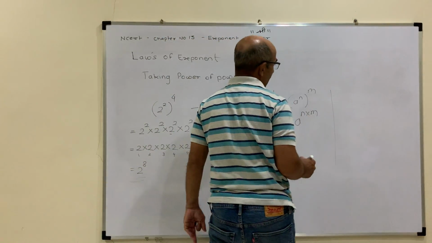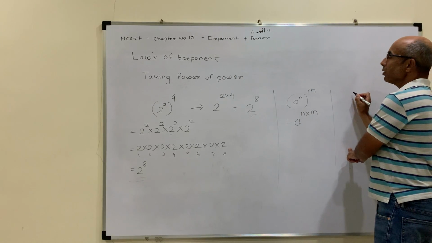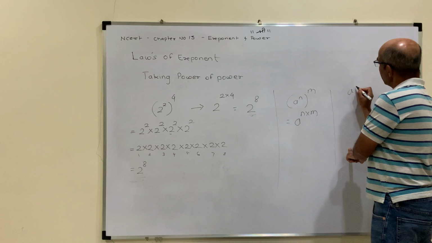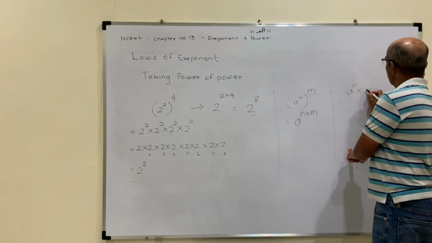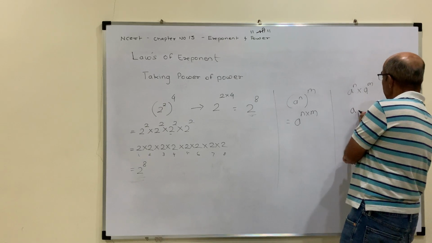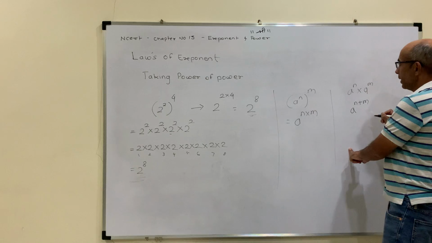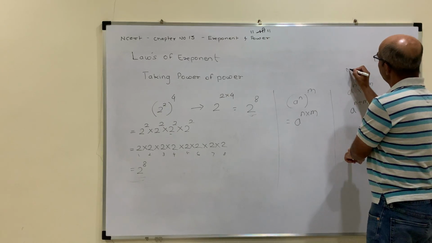I am summarizing the laws of exponent. When we multiply, a raised to n into a raised to m comes out to be a raised to n plus m. This is for multiplication.